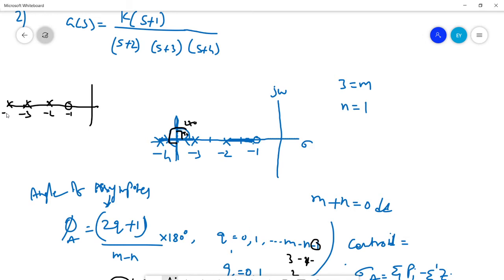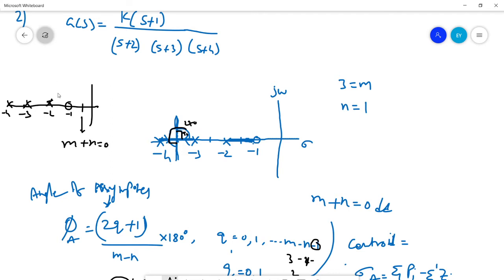The next step is to look towards your right side to decide where the locus exists. When you are standing here and look towards your right side, the right half of the s-plane, there are no zeros or poles. M plus n is equal to 0 at this point.